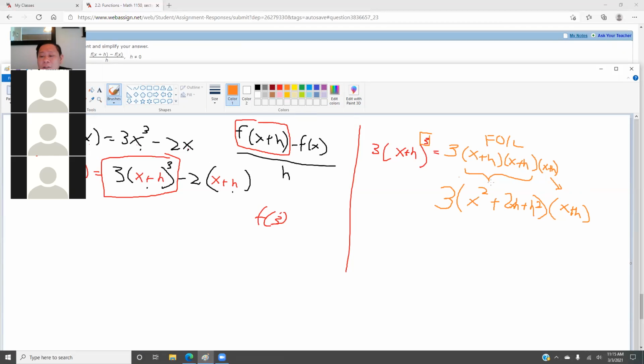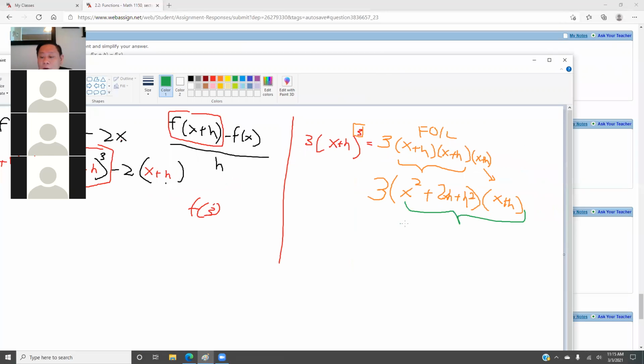And the 3, I'll deal with later, and then later on you have to multiply this whole thing out. So once you FOIL the x plus h and x plus h, you get this, and then whatever you have left, FOIL with x plus h. This one is even more difficult because this is 3 terms and this is 2 terms. So when you FOIL it, you should have 6 terms.